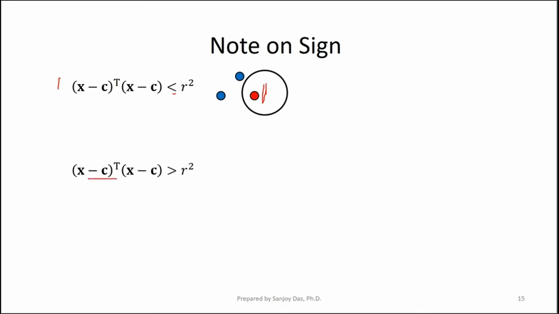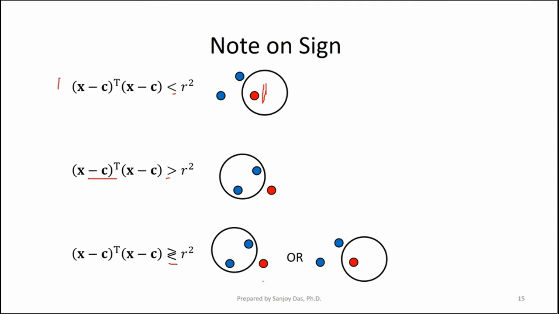Otherwise, if we define a circle like this with this greater sign, then the region it defines is outside the circle, and so the red has to be outside the circle. Now we have to place the blues inside the circle. And otherwise, if we just say a unit circle, either inside or outside, either way works, then both situations, either this or this, we can say both these situations are equally good. They're both doing the classification correctly.